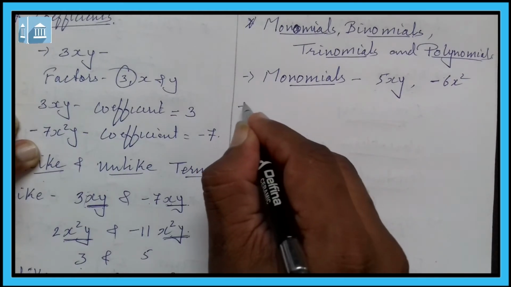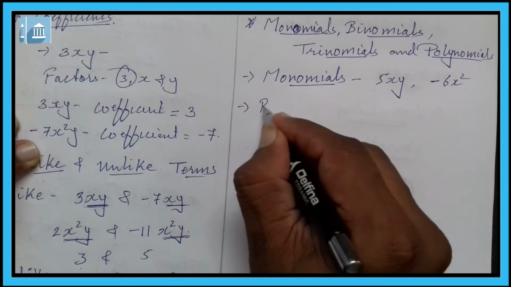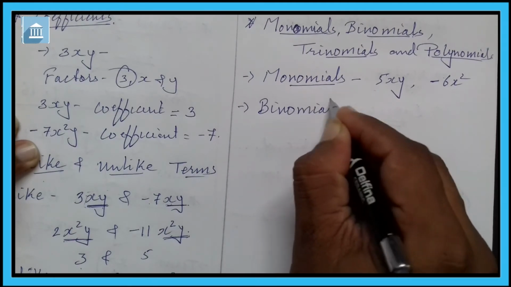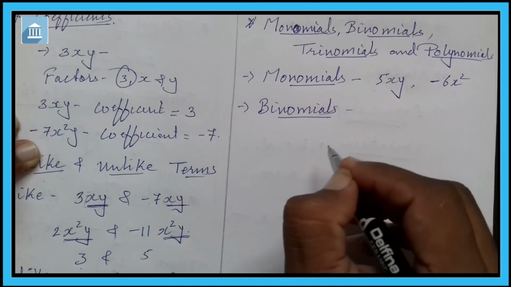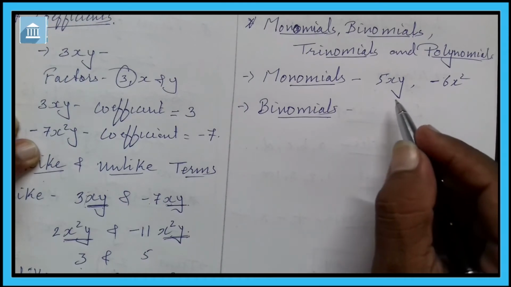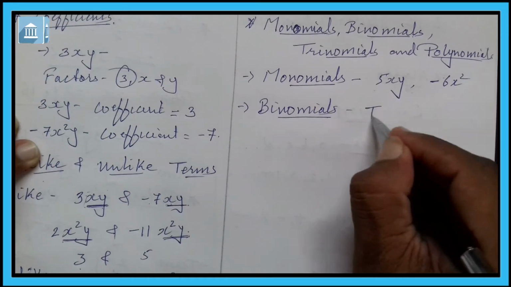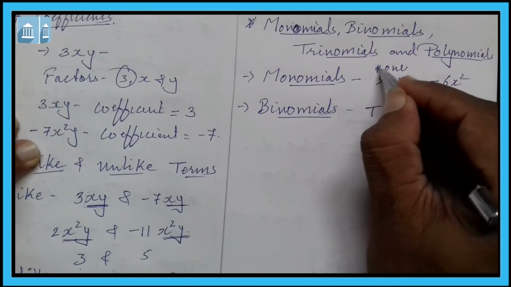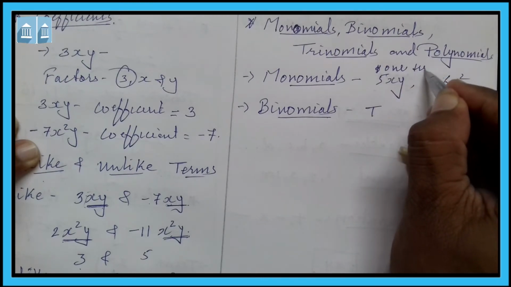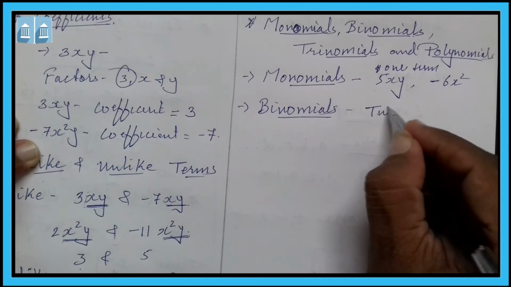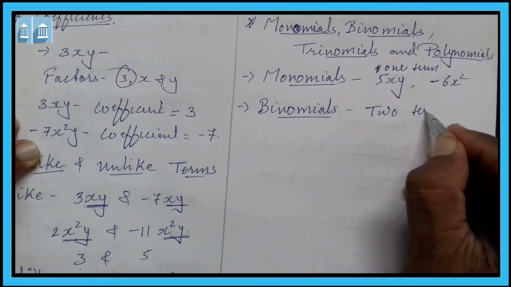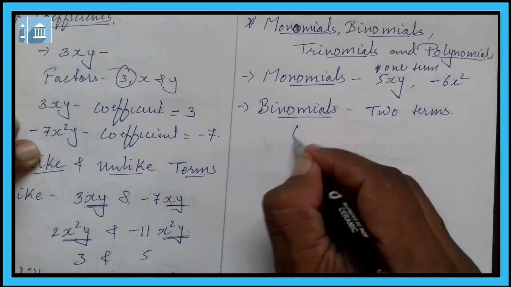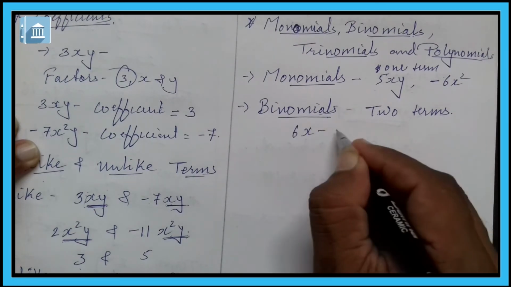The expression which has only one term is known as a monomial. The second is binomial. Again, by the name itself we can find out that the expression with two terms is known as a binomial. For example, 6x minus 5.